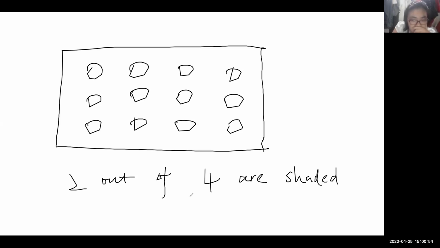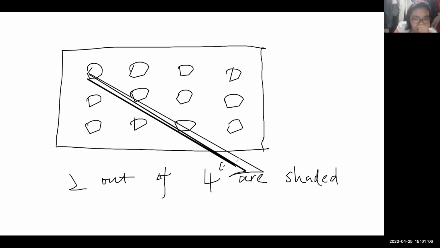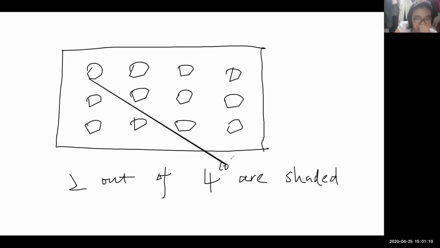I mean 2 out of 4 columns. Okay, you don't draw first. Release your mouse first. Don't touch your mouse first, please.